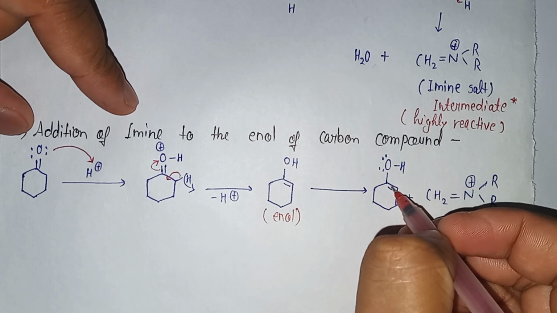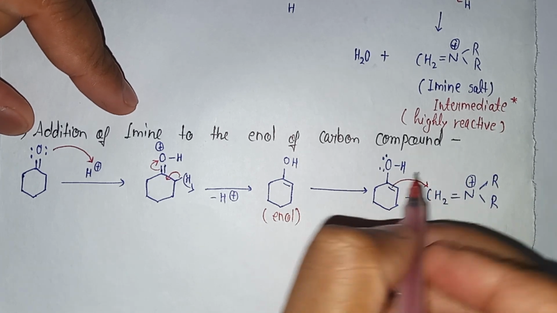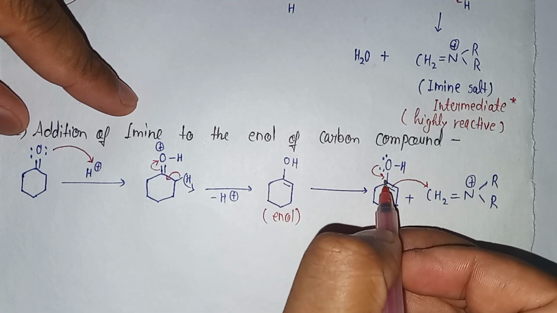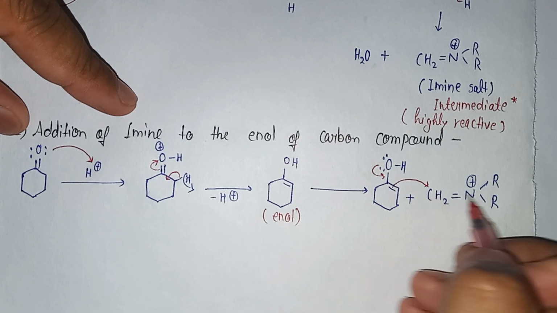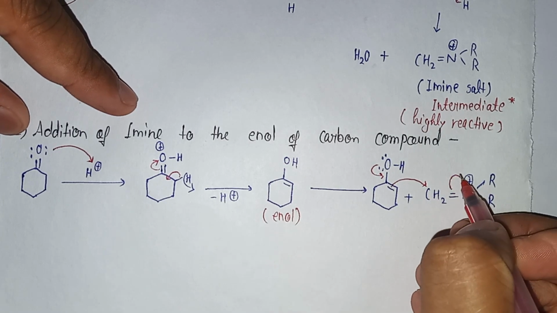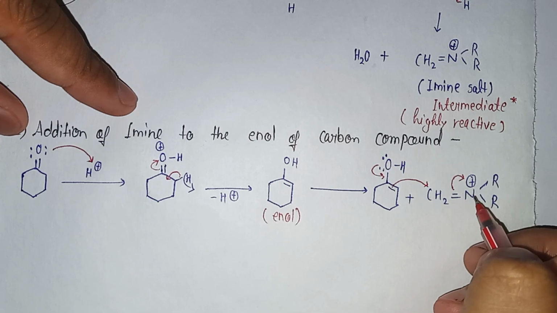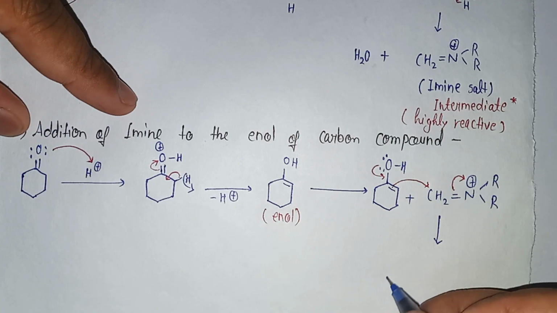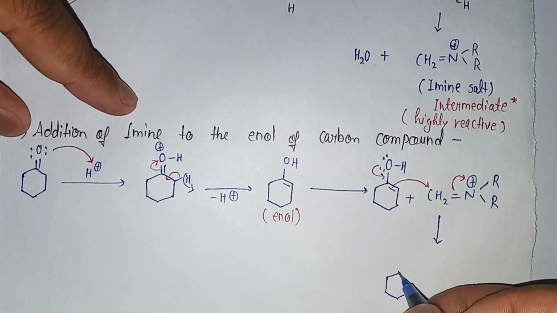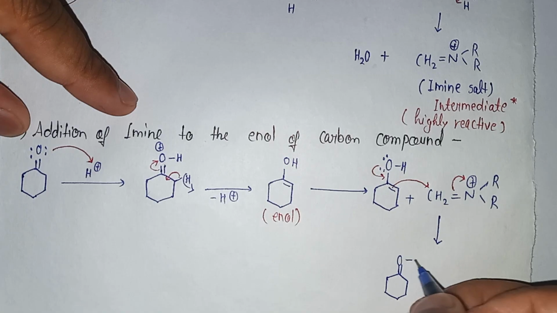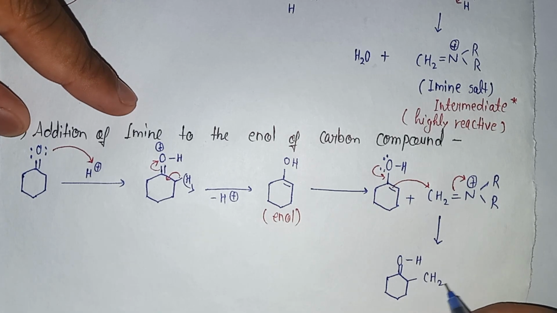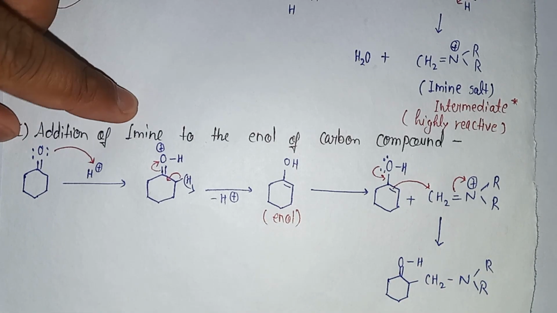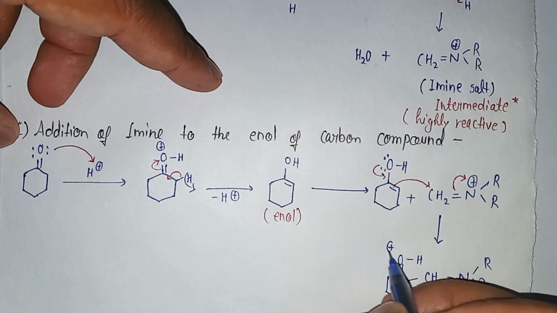So this bond attacks this carbon, and these lone pairs shift, and this bond shifts to this nitrogen. So here is the double bond of OH, CH2N, and R. Understand? There is a positive charge on this oxygen.